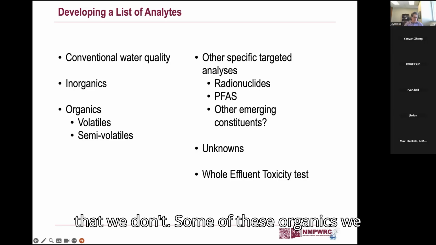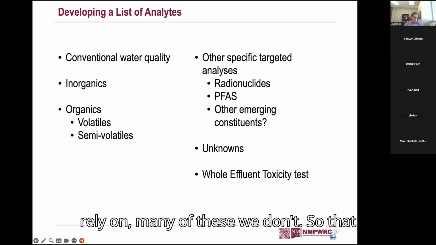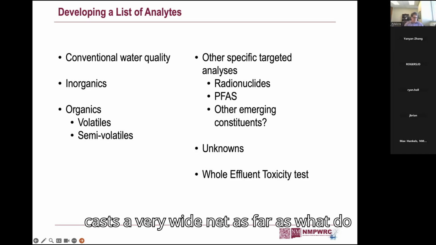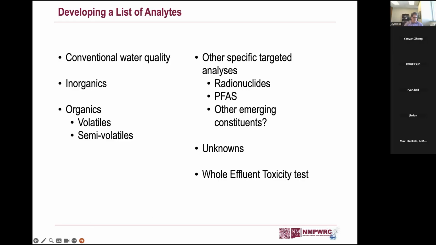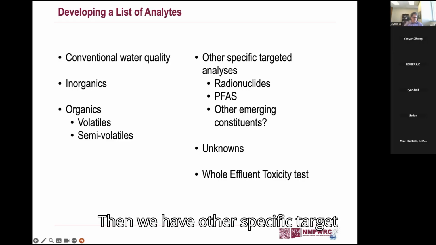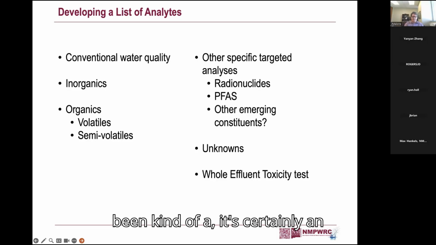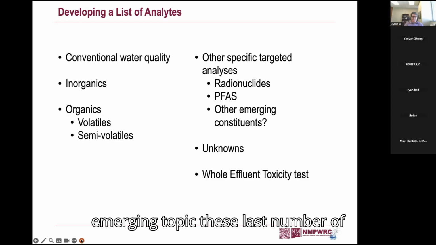For some of these organics, we certainly have toxicity data that we can rely on; for many, we don't. So that casts a very wide net as far as what we look at and how we address these organics that are potentially present. Then we have other specific target analysis: radionuclides. PFAS has certainly been an emerging topic these last number of years.